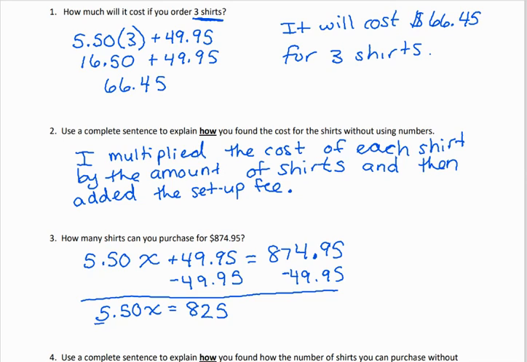After we subtract, then we divide. And what'd you guys get? 150. Good. So what does the 150 mean? Shirts, exactly. So we can buy 150 shirts.